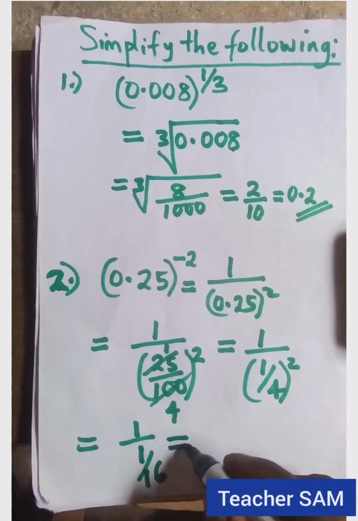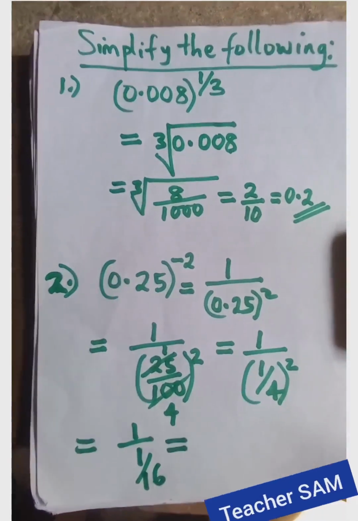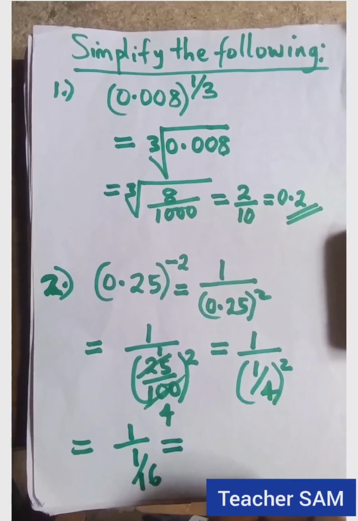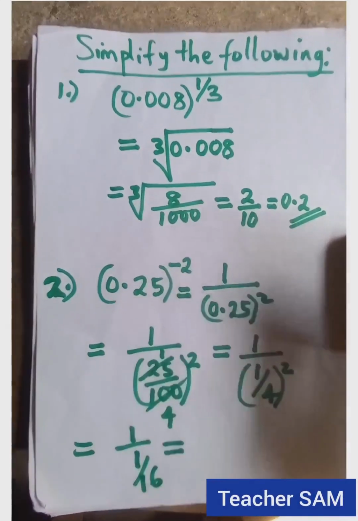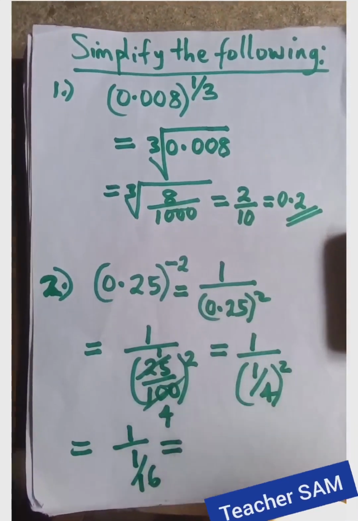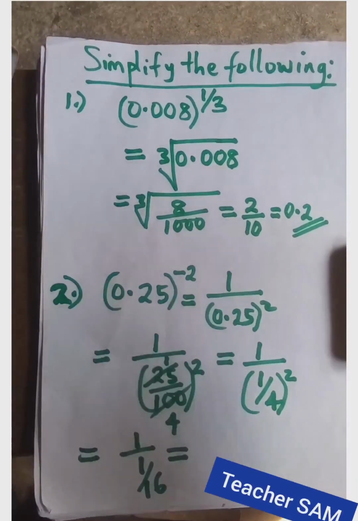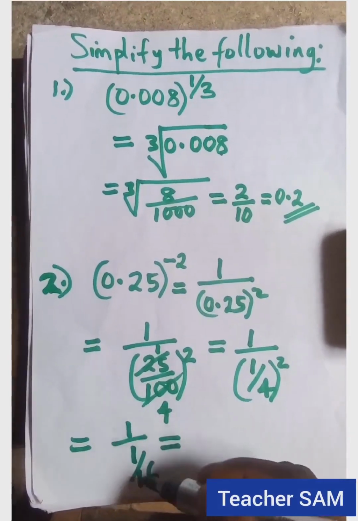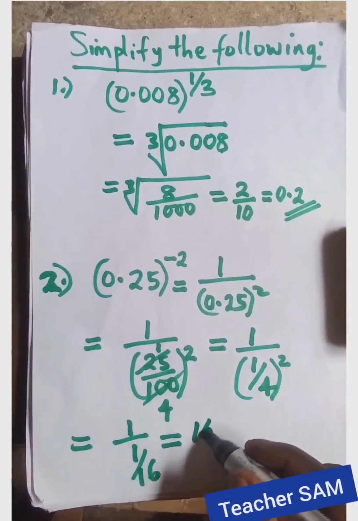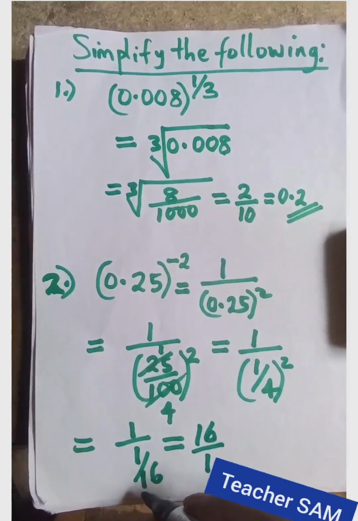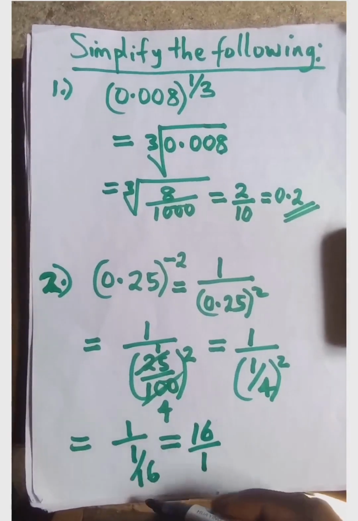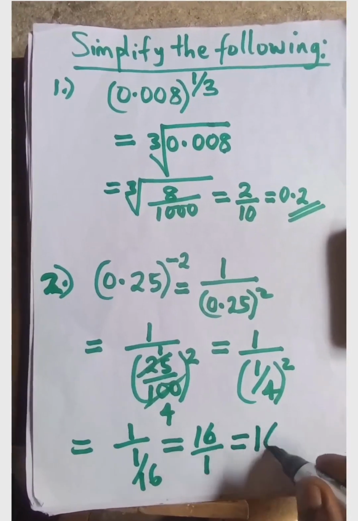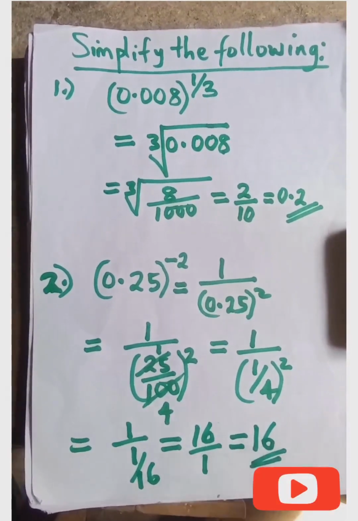Now according to some rules, whenever you have 1 all over a over b, it is the same thing as b over a. So the reciprocal of a fraction means 1 all over 1 over 16 is the same thing as 16 over 1. I know that 16 divided by 1 is equal to 16. So that is the answer to this question.